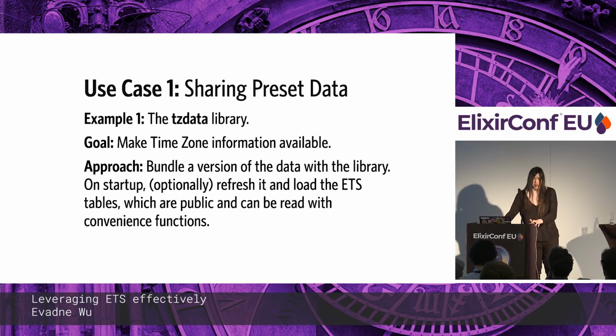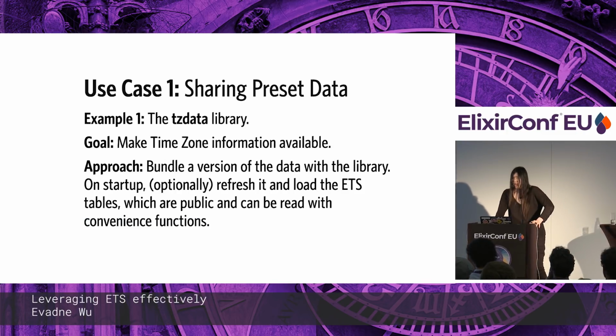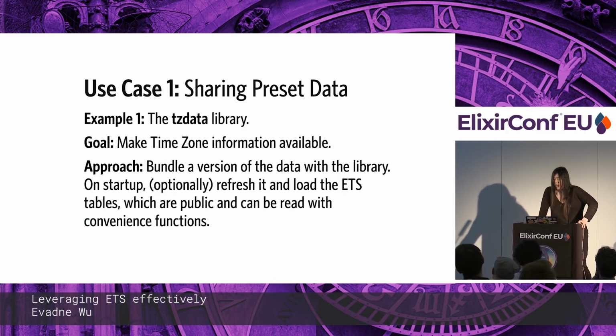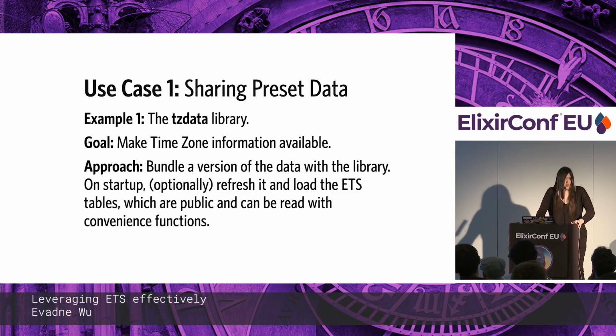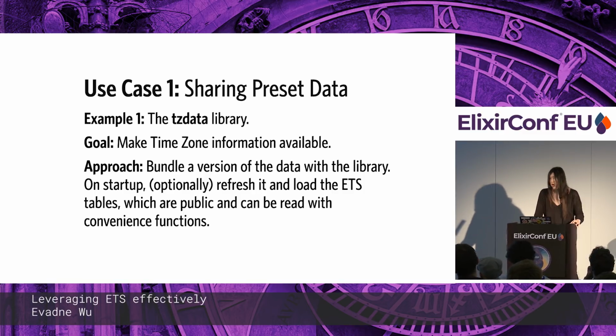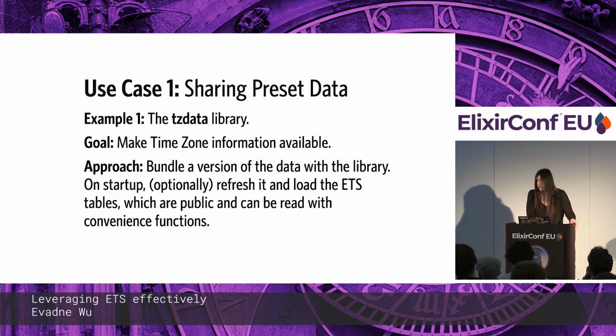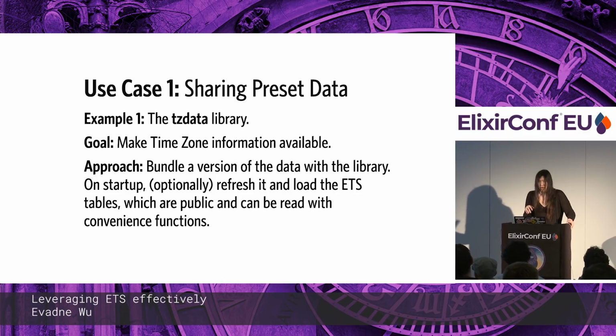This is one of the most relevant examples I can think of, because if you use something like Timex, you will have TZ data running in your application. When you run your application, sometimes you will see "time zone database version is 2019A, now upgrading to 2019B", for example. So that's at work.